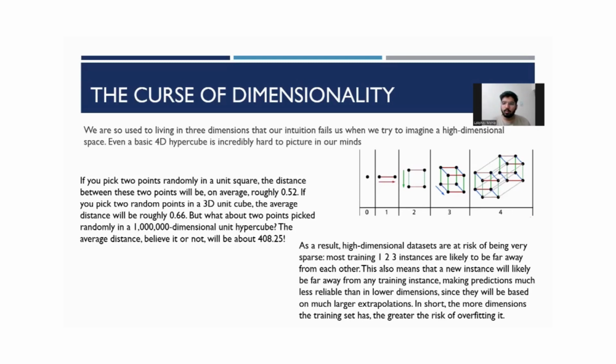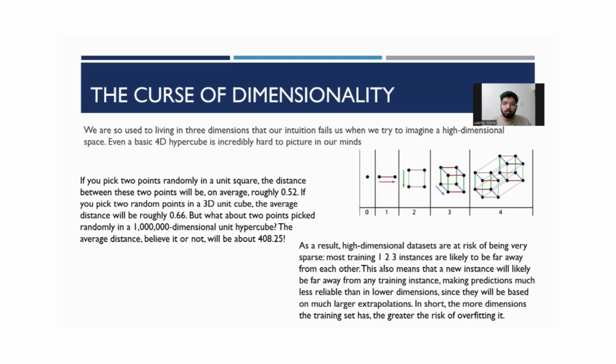But as we move to the fourth dimension, it is a 4D hypercube, and it is very hard for us to visualize in our mind. Another problem due to this curse of dimensionality is that if we pick 2 points randomly in a unit square, the distance between them on average is approximately 0.52.